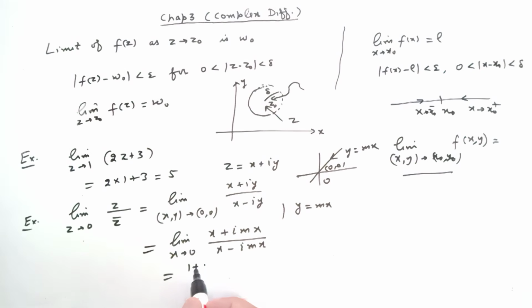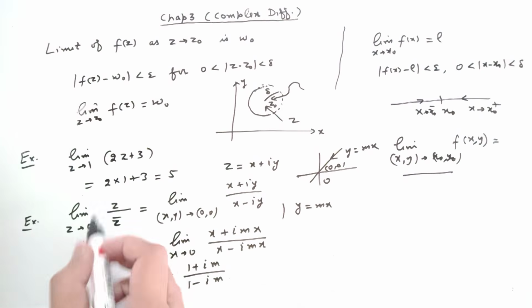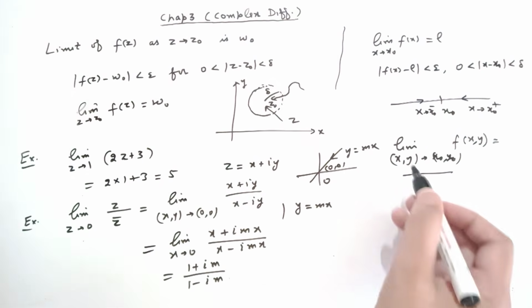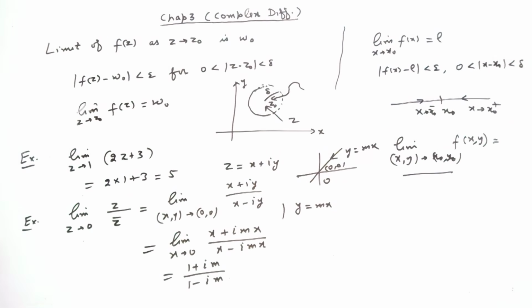It depends on m. The limit is path dependent, so it does not exist. Okay, so you can deal with a complex limit just like the limit of a function of two variables. In fact, it's the two variable case. z is approaching z0 in the xy plane. Here (x, y) approaches (x0, y0) in the xy plane.